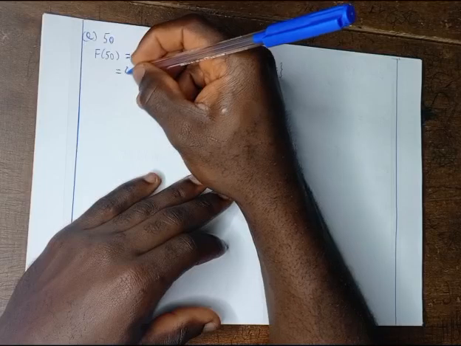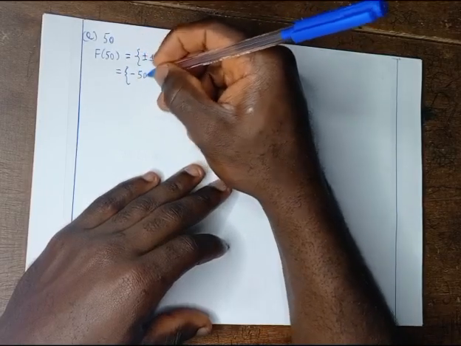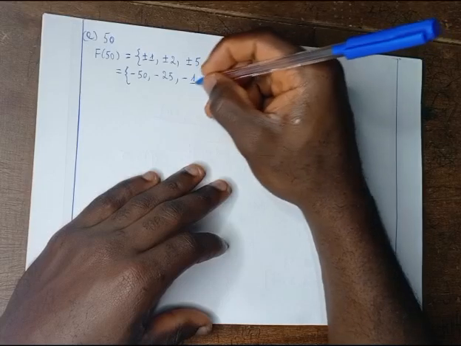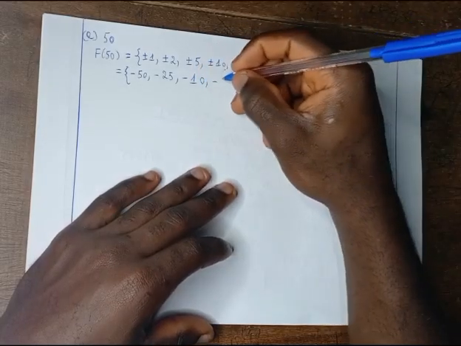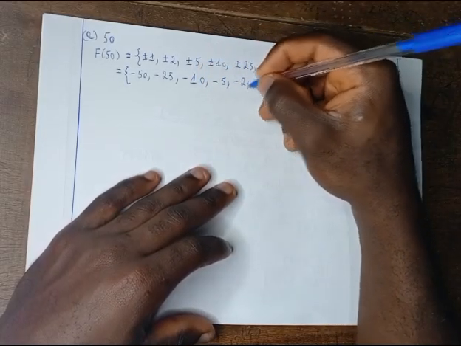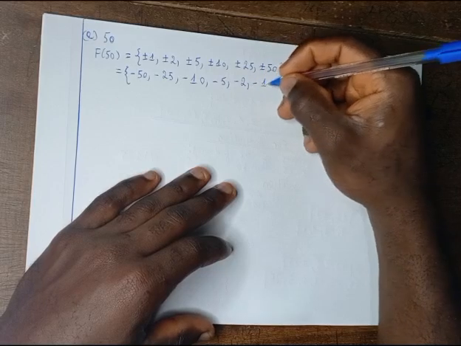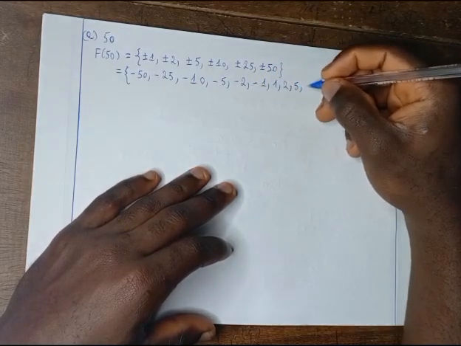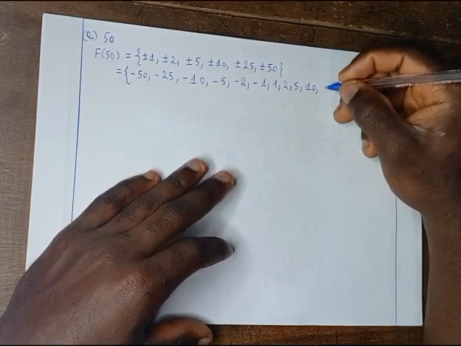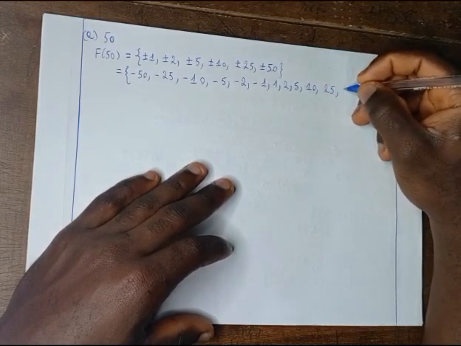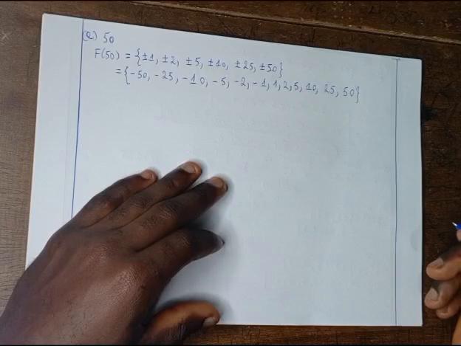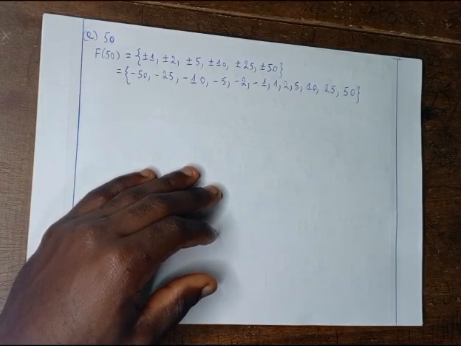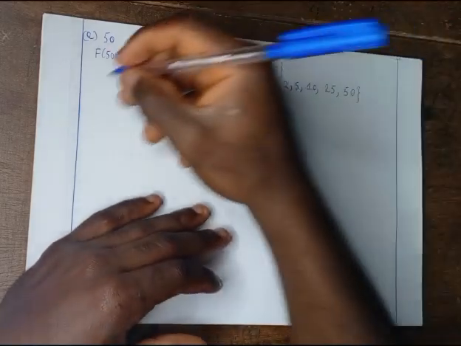This will simply be equal to negative 50, negative 25, negative 10, negative 5, negative 2, negative 1, 1, 2, 5, 10, 25, and lastly 50.